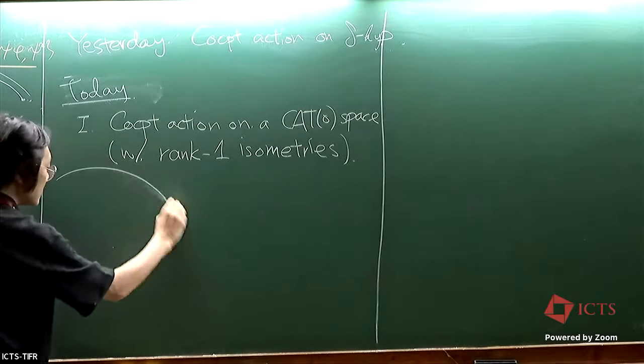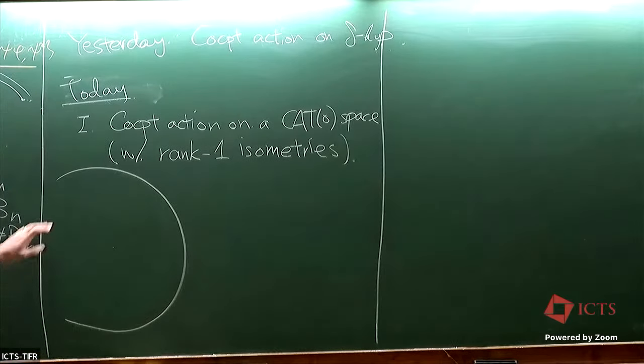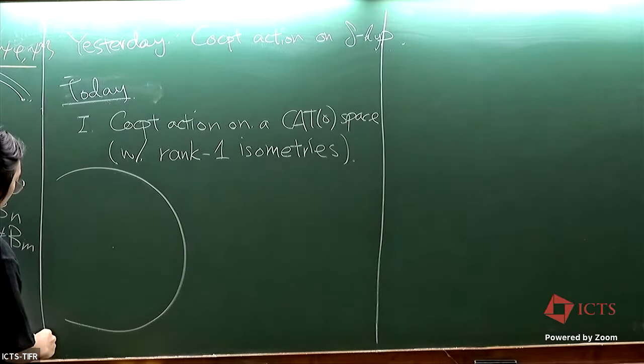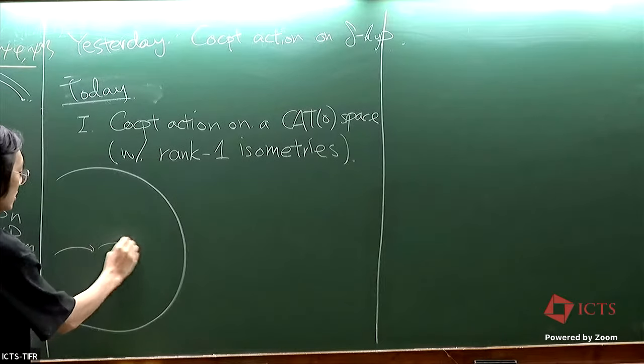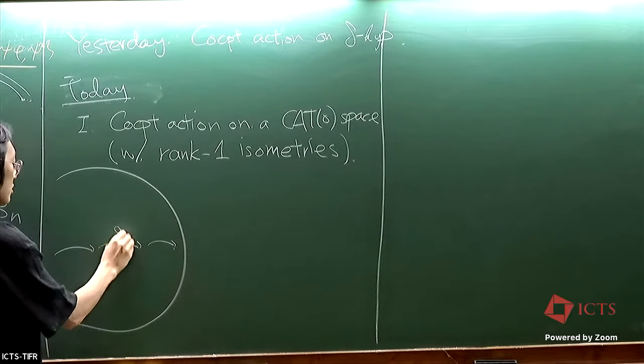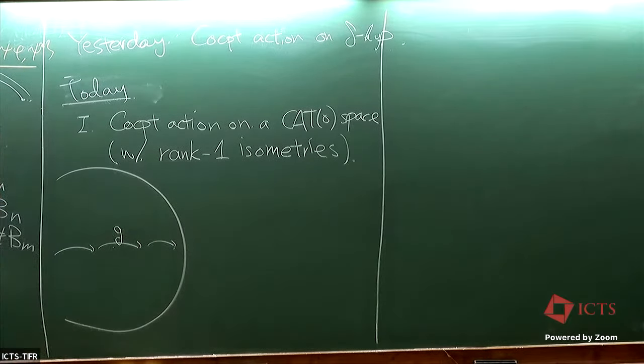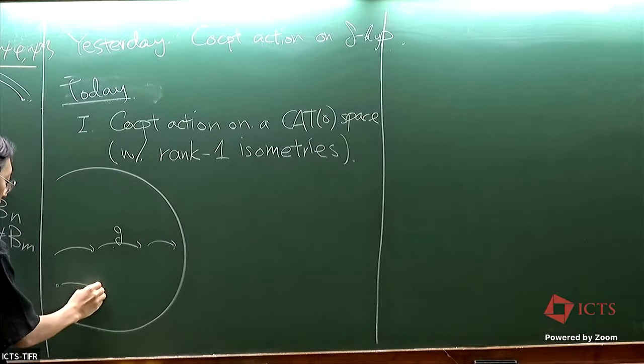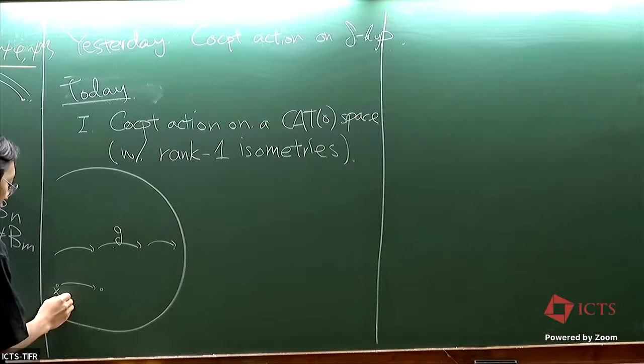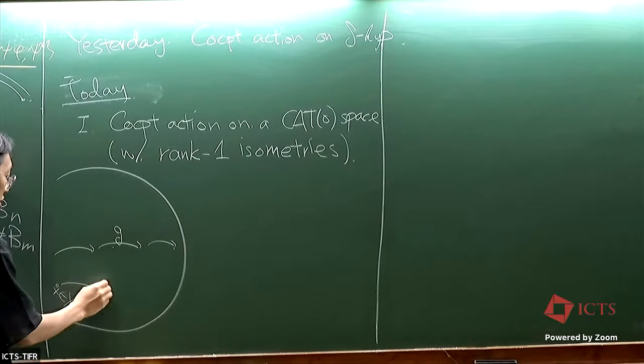If you have a simply connected CAT(0) space, and if you have an isometry g, then there are two possibilities. First, investigate how far a point in X is moved by g.